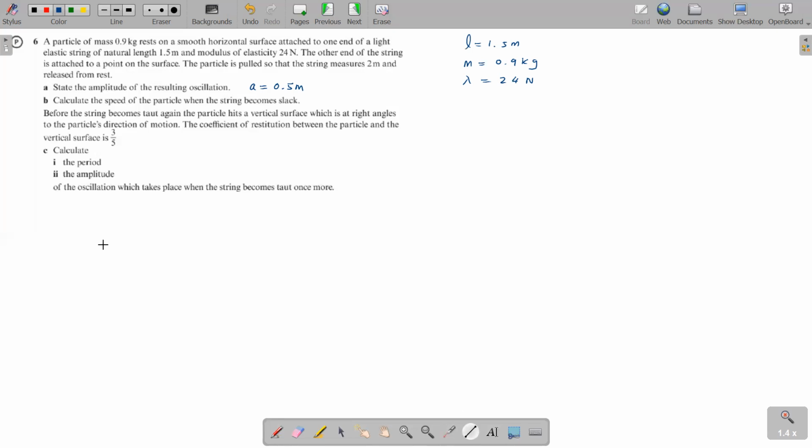Shall we draw the diagram? In one diagram, shall I draw it? When I draw it in one diagram, it looks like this, right? So we will mark these lengths. This is the place where the string is attached to the ground. This is the natural length, 1.5 meters.